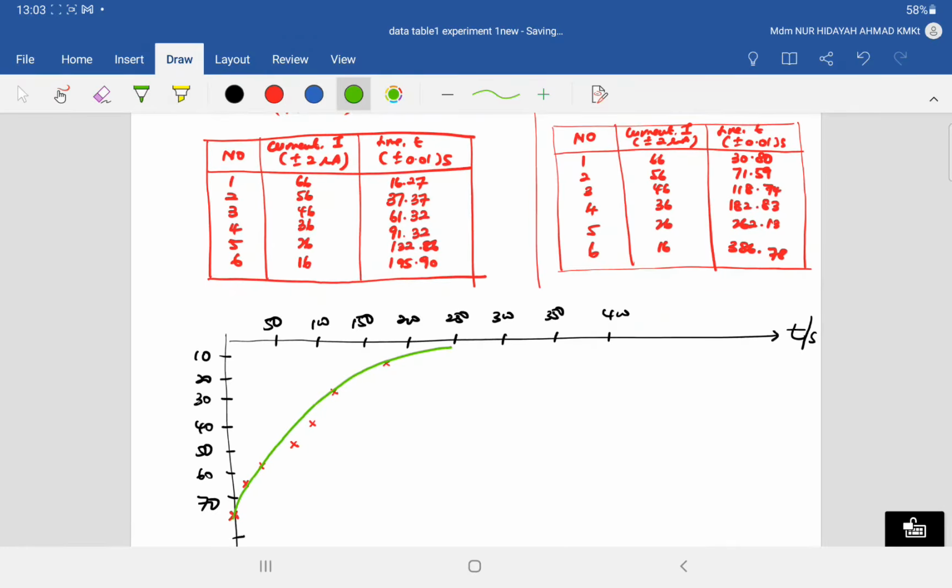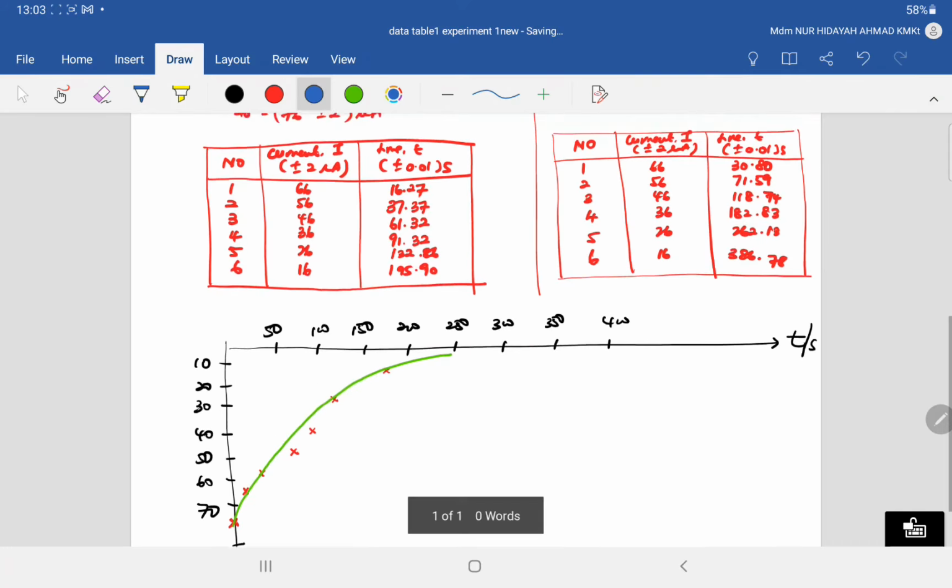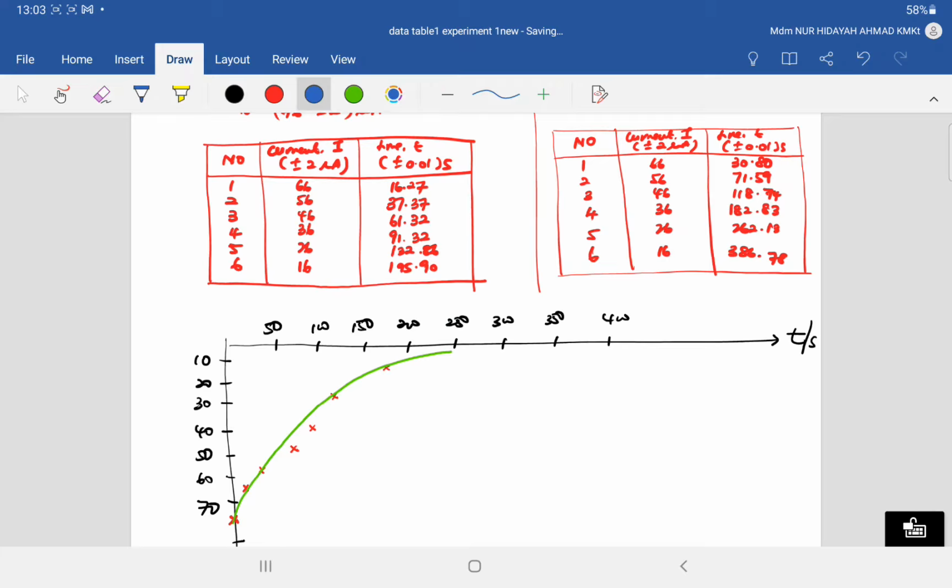For table number 2, I use another color. We have 66, 30.8, here. Then 56, 71 is here. 46, 118 is here. 36, 182 is here, and then 262 is here.